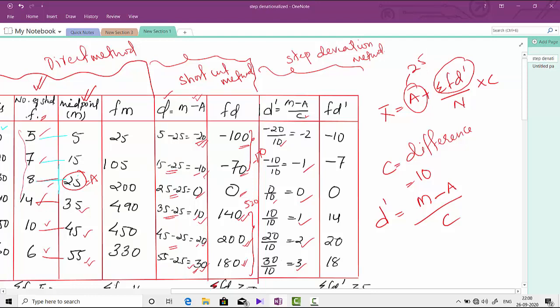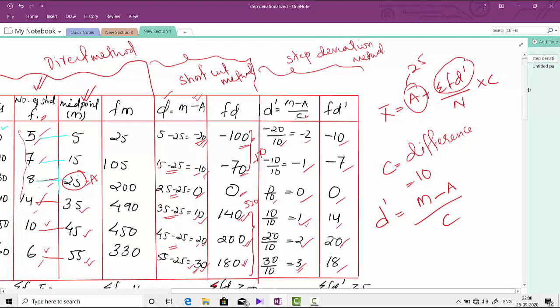The first frequency is 5, 5 into minus 2 is minus 10. 7 into minus 1 is minus 7. 8 into 0 is 0. 14 into 1 is 14. 10 into 2 is 20. And lastly, 6 into 3 is 18. This is how you find the product fd'.